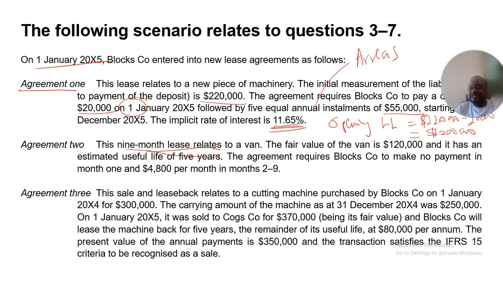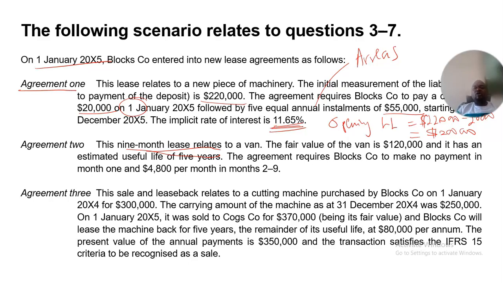So these are leases for smaller amounts, or maybe low value leases. Usually IFRS 16 allows us to expense whatever lease payments we make. They are expensed as incurred, in the year to which they relate.